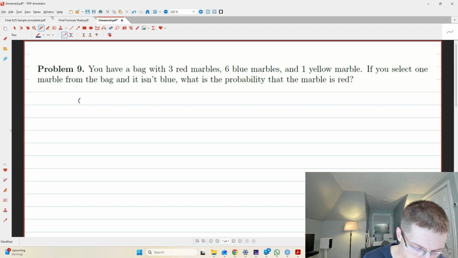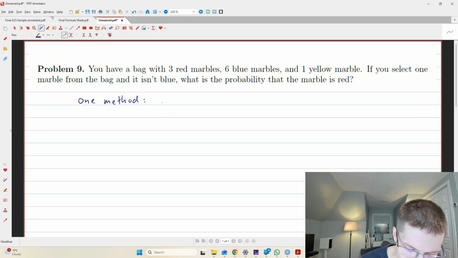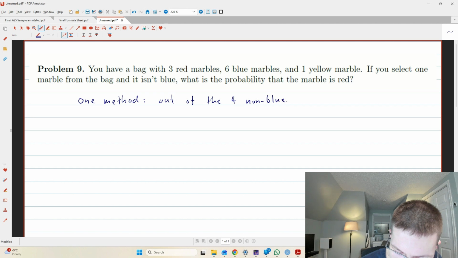So one method is to just notice that in total there are 10 marbles and 4 of them are not blue. So out of the 4 non-blue marbles, 3 of them are red.